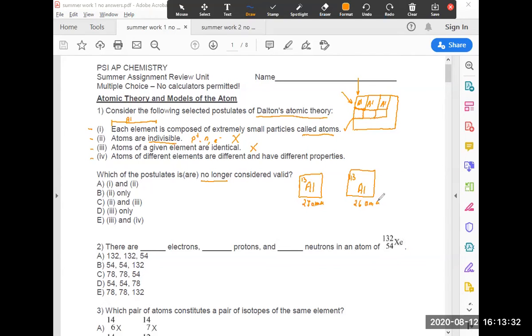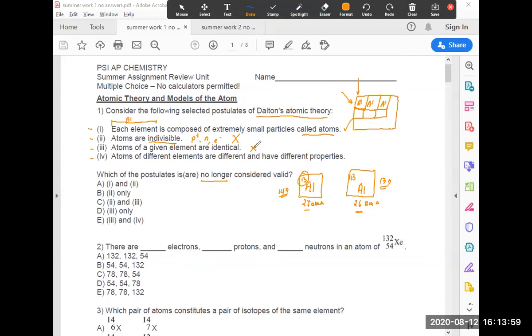So this is still possible, because this is telling me that I'm talking about aluminum, which contains 13 neutrons in this case, but 14 neutrons in this case. So this aluminum is enriched by 1 neutron. Still it is a little heavier than this, but still it is aluminum because it has 13 protons.